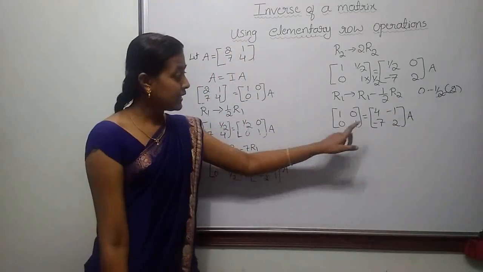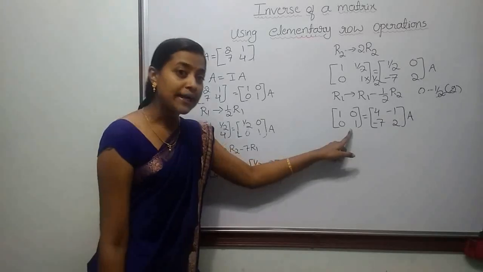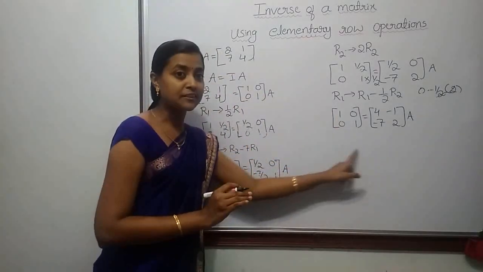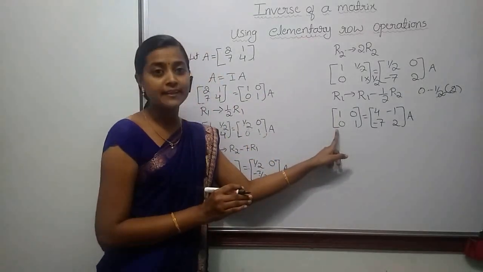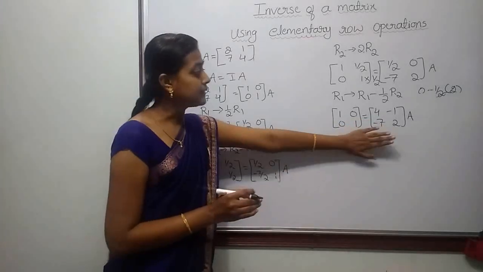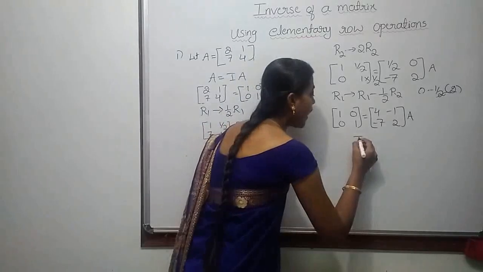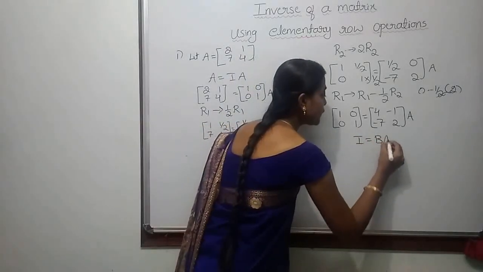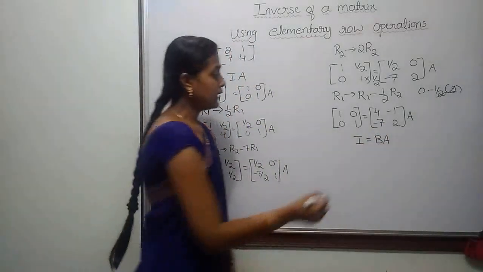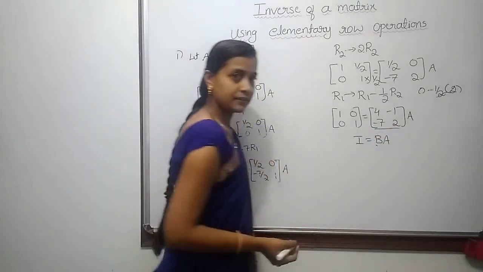Now observe here. The matrix in the LHS has reduced to the identity matrix, and this equation is in the form I is equal to B into A. The matrix B is here.